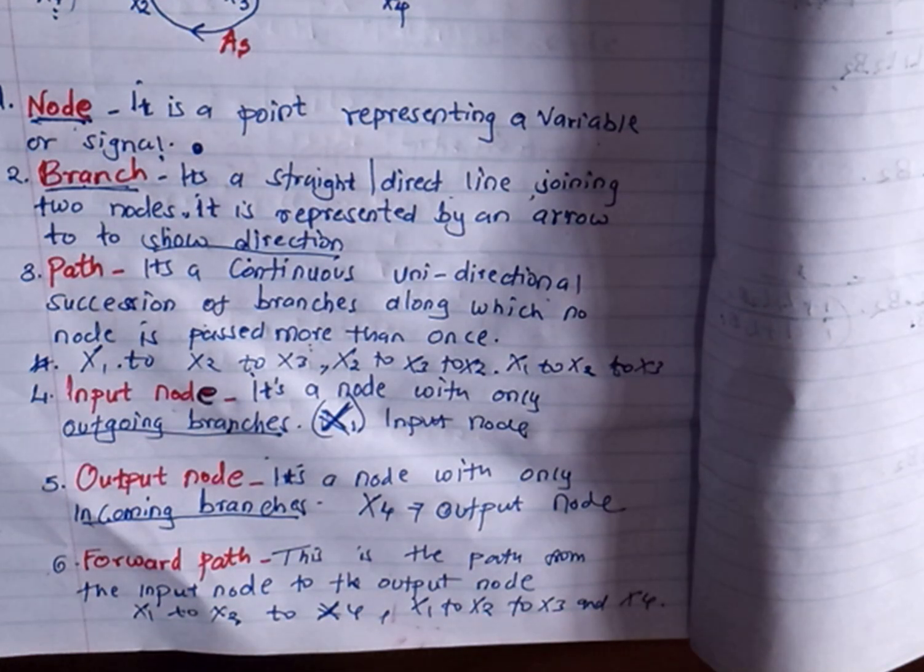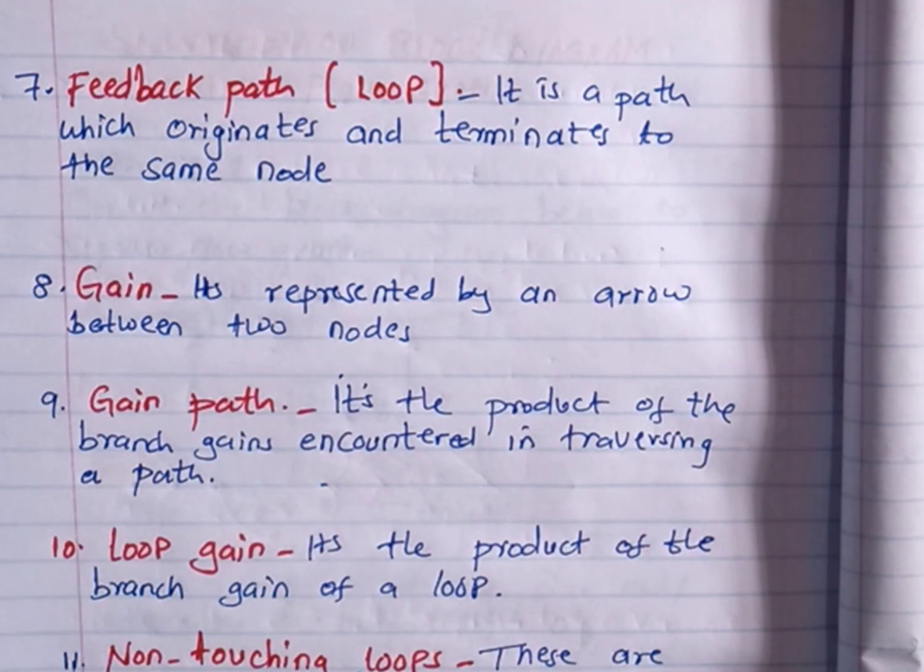Let us look at the next term, feedback path or loop. It is a path which originates and terminates at the same node.